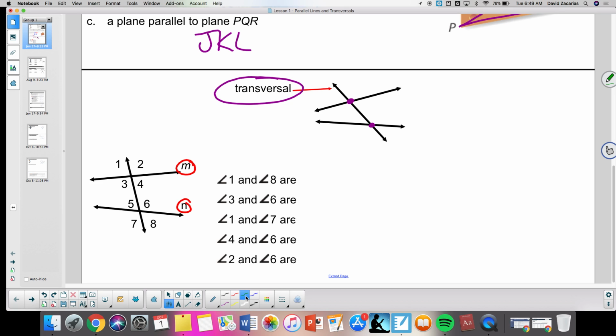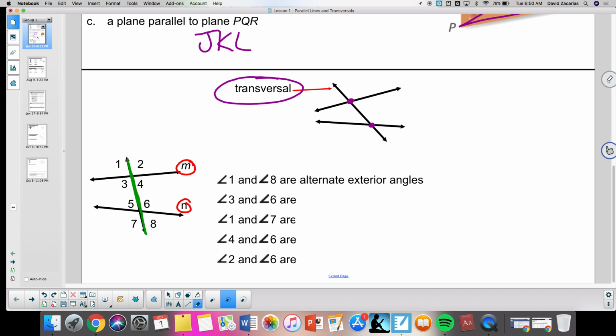But they're also, when you look at your transversal here, on opposite sides of that transversal. Now, instead of using the word opposite, we use the word alternate. So in this case, angles 1 and 8 are alternate exterior angles. They're on alternate sides of the transversal, exterior of the two lines that the transversal is crossing.